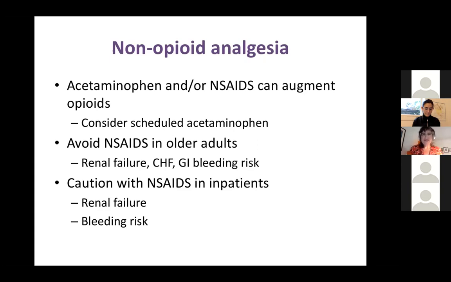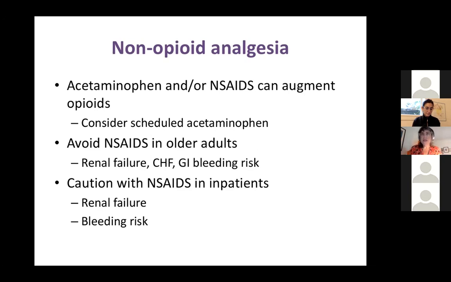In fact, I don't use NSAIDs a ton in inpatients because younger adults too are at risk for renal failure and bleeding. The times in which I would reach for NSAIDs in an inpatient population is usually a younger person with normal renal function who has a really inflammatory source of pain, or who happens to have some musculoskeletal thing that's usually incidental to the reason that they're being hospitalized.